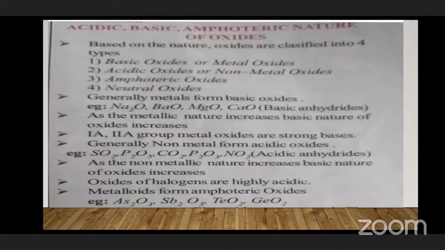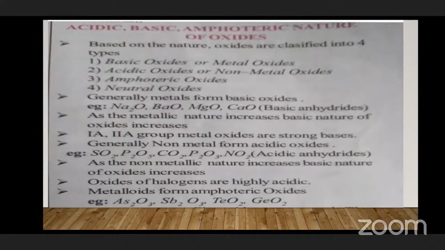So what are basic oxides, what are neutral oxides, what are amphoteric oxides? We will see. Basic oxides: in the periodic table, first group are alkali metals and second group are alkaline earth metals, that we know very well. So metal oxides are generally basic oxides.